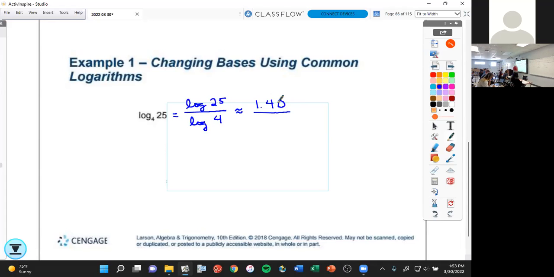What is log 4? And if you take log 25 divided by log 4, about 2.32, or 2.33. Now, did you do 1.4 divided by 0.6, or did you actually do log 25 divided by log 4? Okay, what is log 25 divided by log 4?